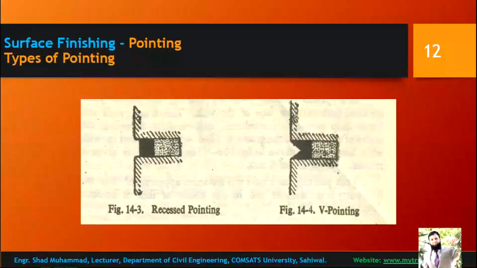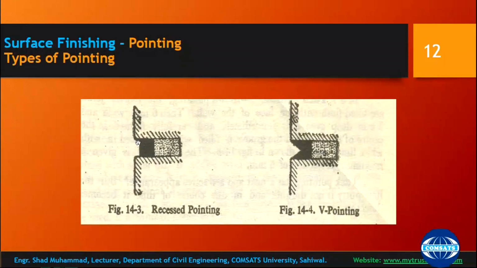This is mortar for bonding of the brickwork, and this is pointing. It is flat from the front as in flat pointing, but inside, with the help of tools, you have moved it inside, and this type of pointing is known as recessed pointing.